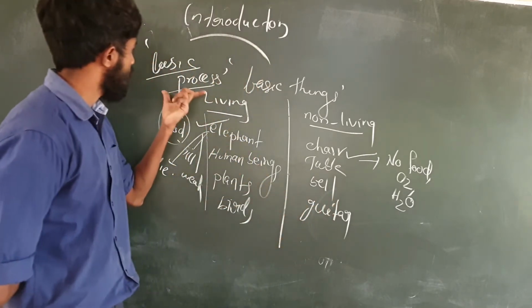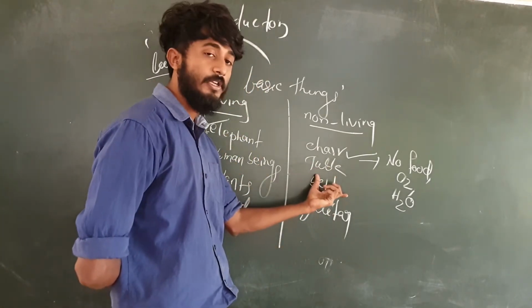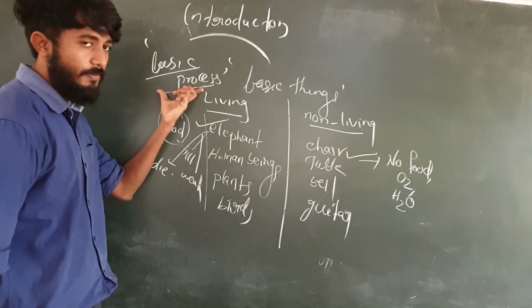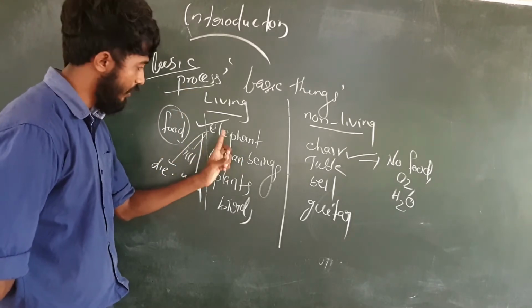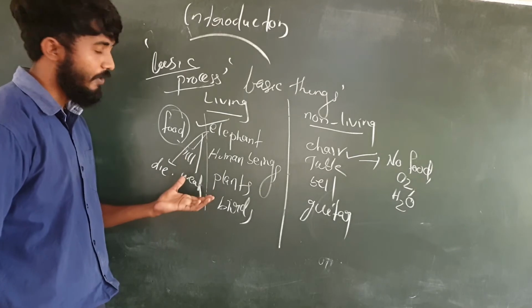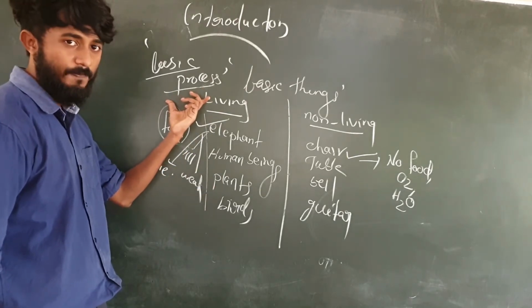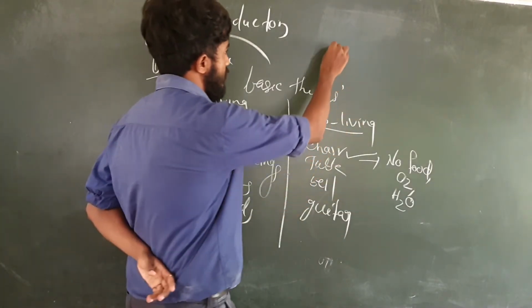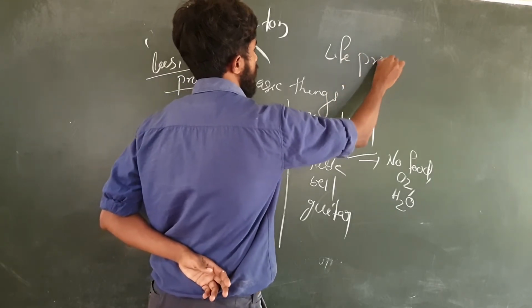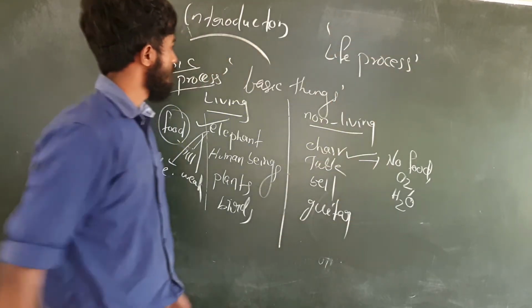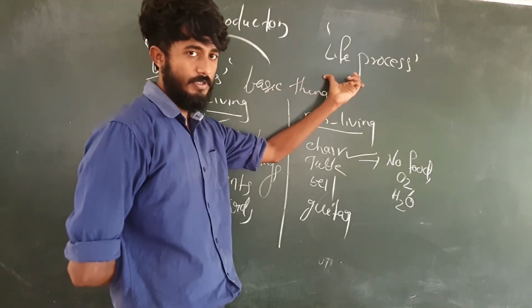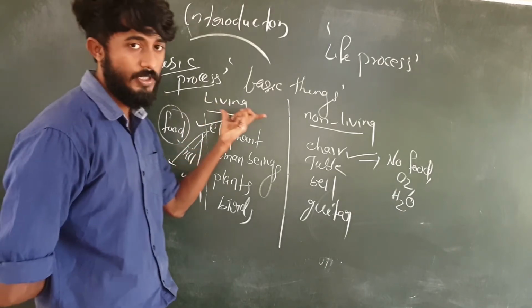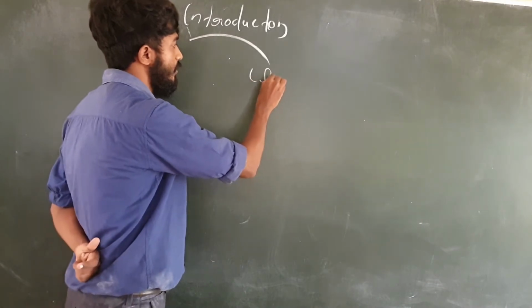So there are no basic processes taking place inside non-living things, but there are definitely basic processes inside living organisms. Every living organism has basic processes inside. Clear? These basic processes are called life processes. We studied that inside every living organism a basic process takes place. So that is life processes.